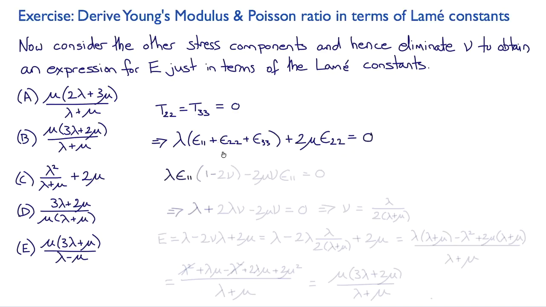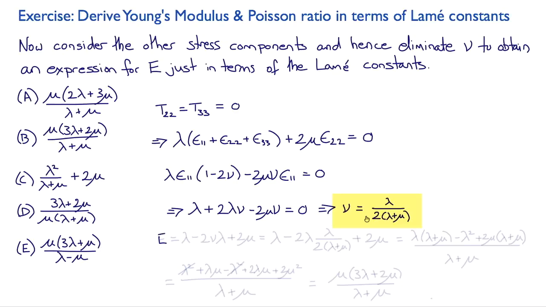Now substituting in for epsilon 22 and 33 again using the Poisson ratio, we get that lambda epsilon 11 times (1 minus 2 nu) minus 2 mu nu times epsilon 11 is equal to 0. And then again we can cancel epsilon 11 from this to get that lambda plus 2 lambda nu minus 2 mu nu is equal to 0, which we can rearrange for nu in terms of the Lamé coefficients: nu equals lambda over 2 times (lambda plus mu).